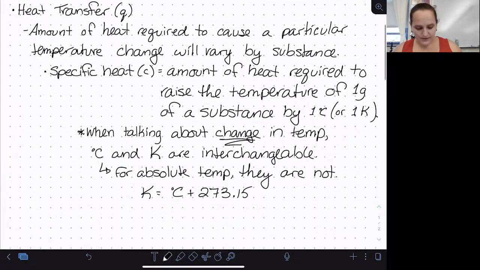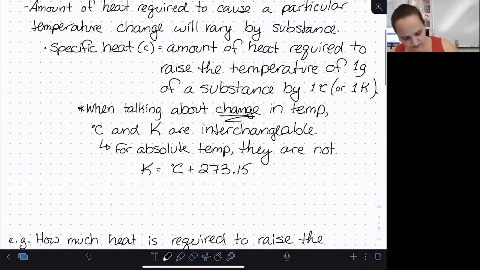So the specific heat units are pretty much exactly what you would expect based on the definition. So specific heat is the amount of heat per gram per degree Celsius. The only thing here that's going to be a little bit unfamiliar is the unit of energy. It's the unit of heat transfer, which is known as the joule.